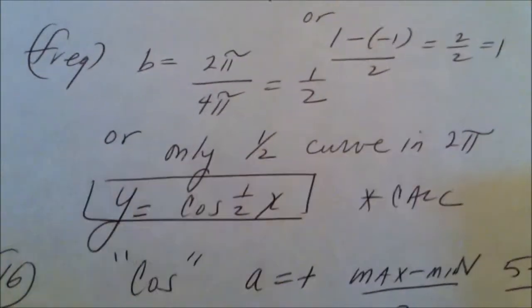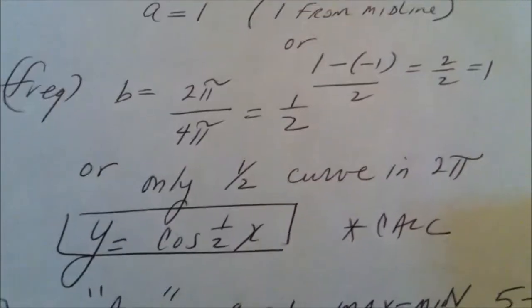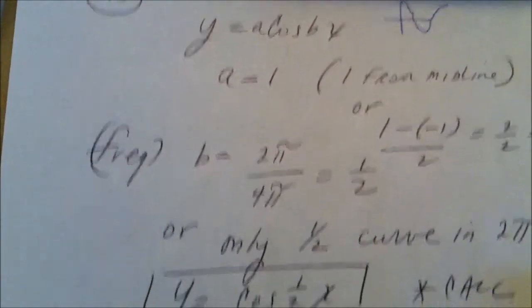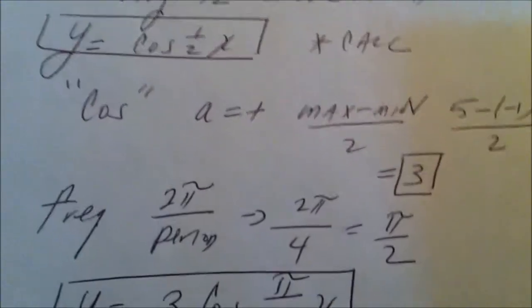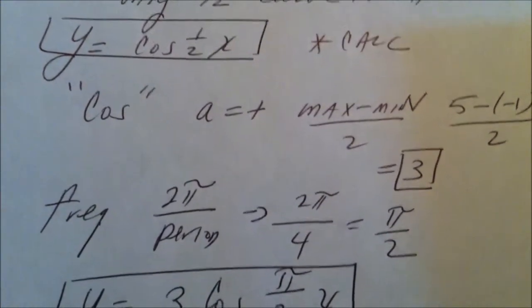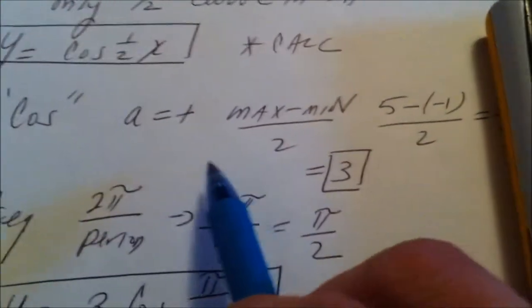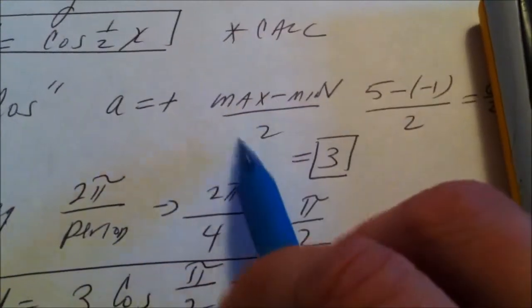So if I don't see 2 pi on the x-axis, I'm forced to use my formulas. The first thing we want to do is find A. A is once again going to be positive because it has that basic cosine shape, the canyon as opposed to an anthill.